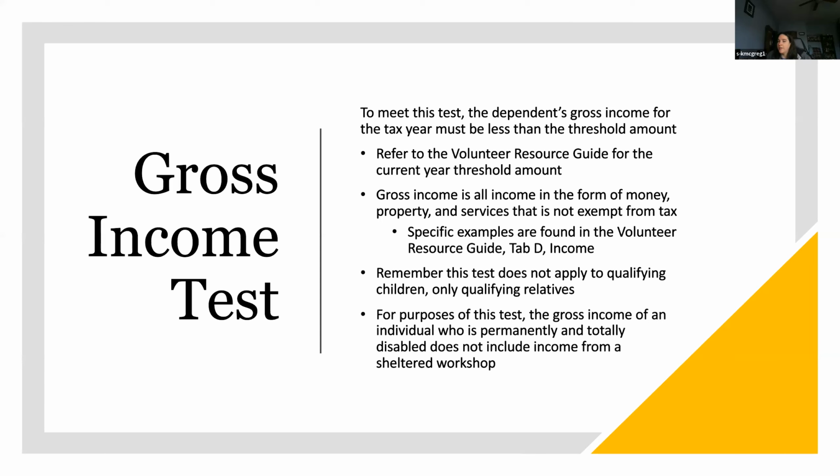Now, if it's a parent, their social security plus their other gross income can't be more than 25,000. So you'd take half their social security plus their other income. So that one's a little bit different. But for everybody else, it's 4,700. So it's kind of a low bar as far as that goes.